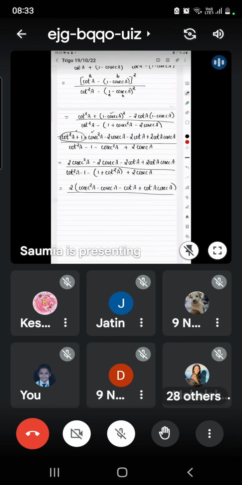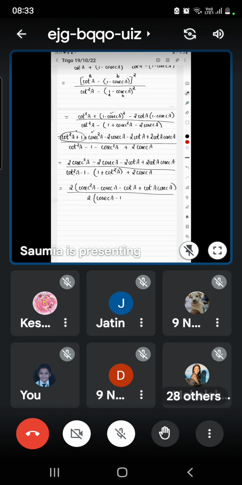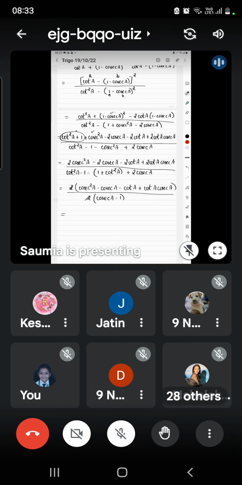Minus 1 minus 1 will become minus 2. Right? So it will be minus 2 plus 2 cosec A. Can I take 2 common here also? So what will I get? 2 will be cancelled. So what do I get? Cosec A minus 1.